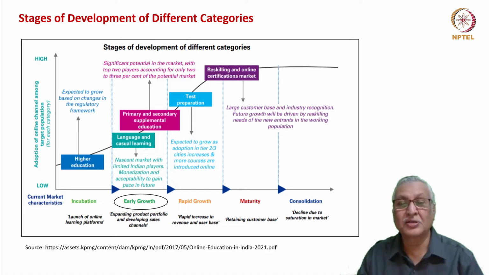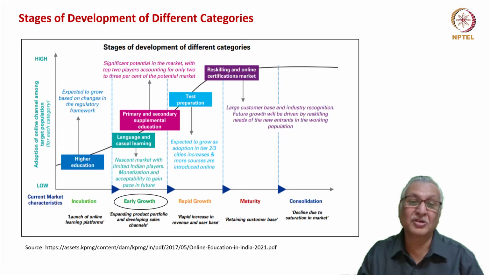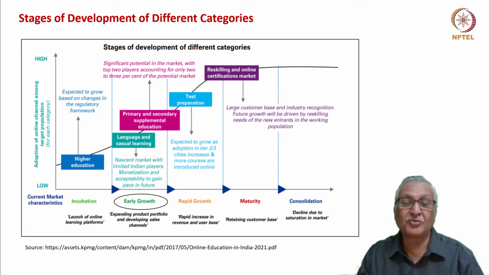And when you look at the test preparation and reskilling and online certifications market, customer bases are indeed large, but they are very focused with an objective of pushing the people towards better jobs or getting the people to go through the competitive examinations and land onto a good job.